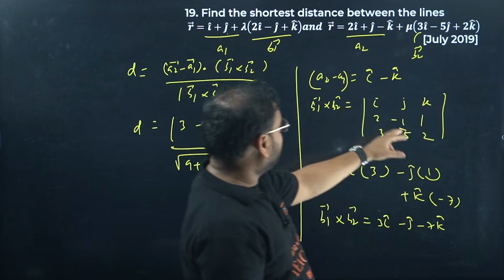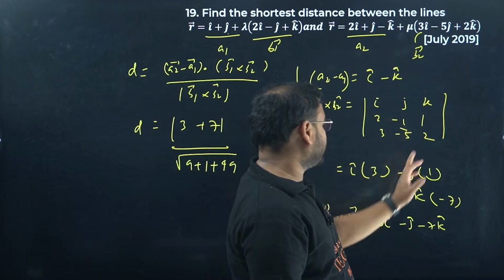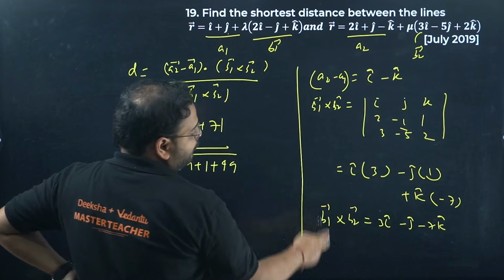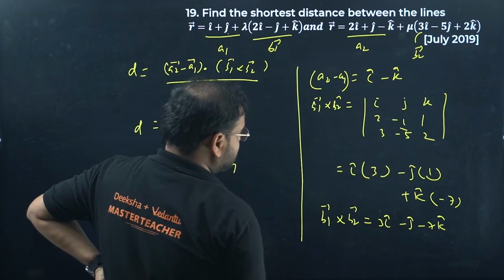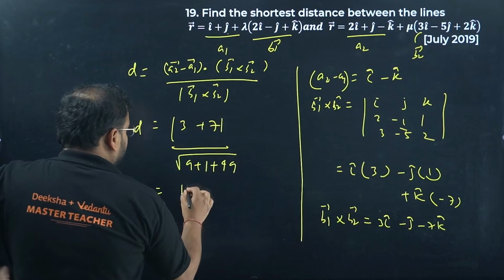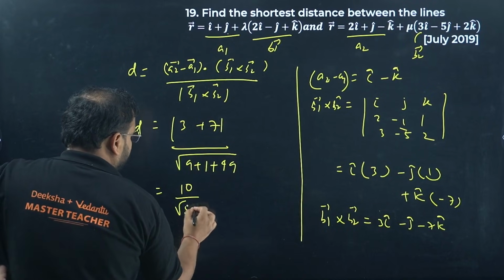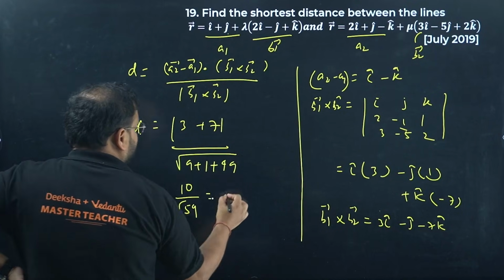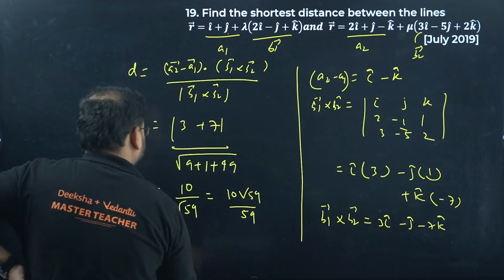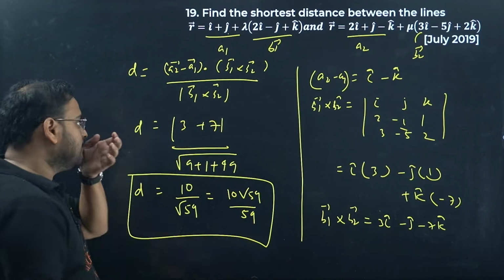That is correct, so the j component is 1, and taking minus j, 9 plus 1 is 10. 10 plus 49, correct. So my answer is 10 upon root 59, or 10 root 59 by 59, your choice. Yeah, this is the final answer.